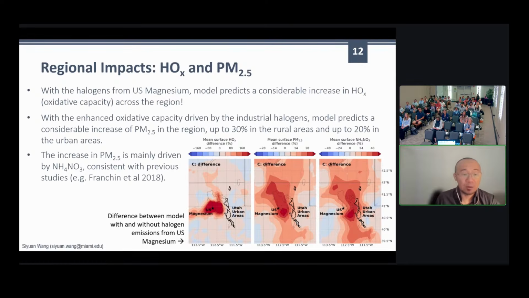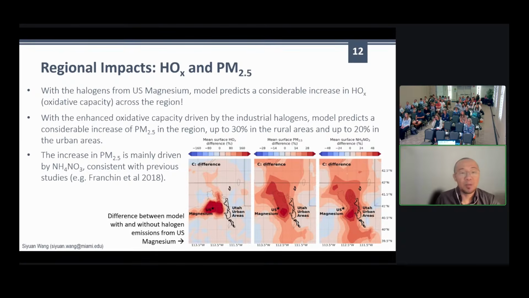With the industrial halogen emissions from US Magnesium, the model predicts a significant increase in HOx radicals across the entire region. As a result, the formation of PM2.5 is also enhanced by about 20% over the urban areas. The increase in PM2.5 is largely driven by the increase in ammonium sulfate, which is the dominant component in PM2.5, and also consistent with previous studies.